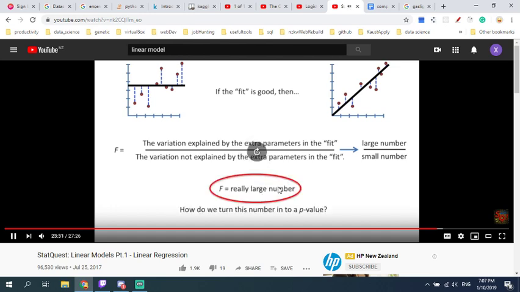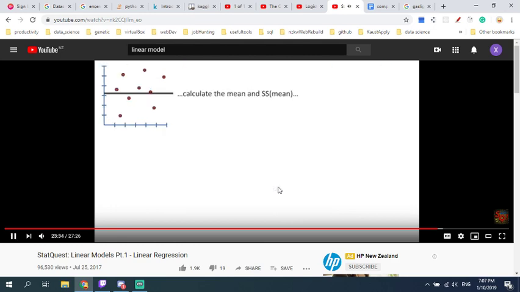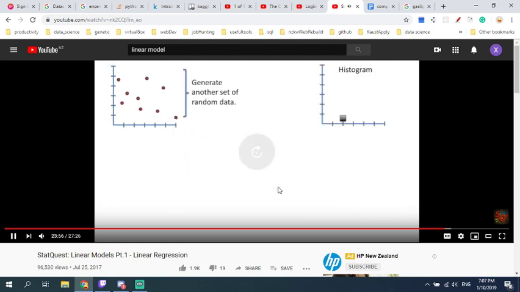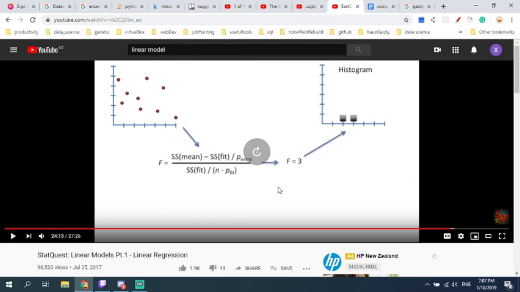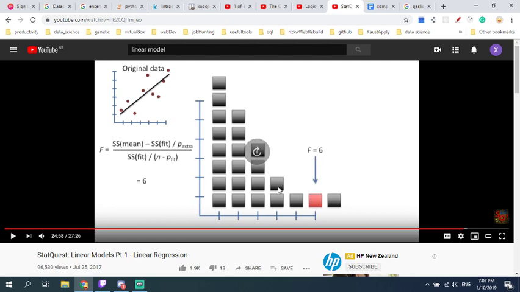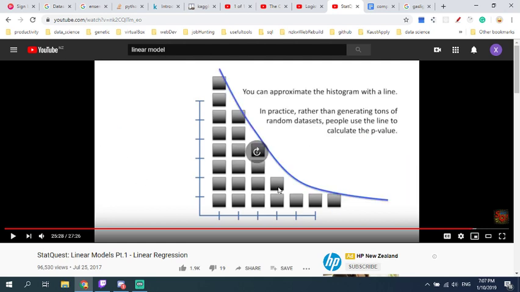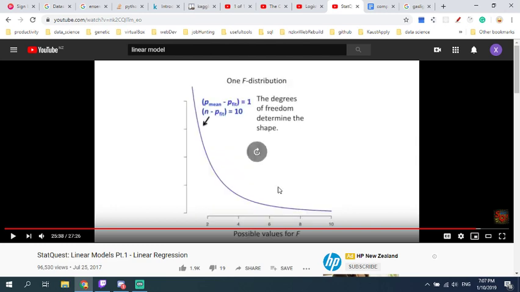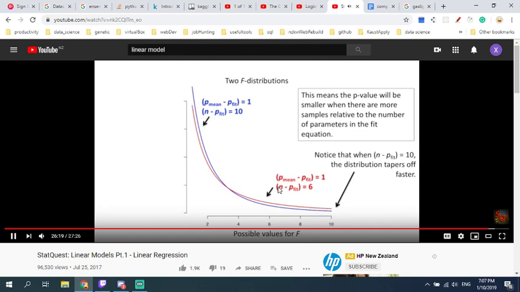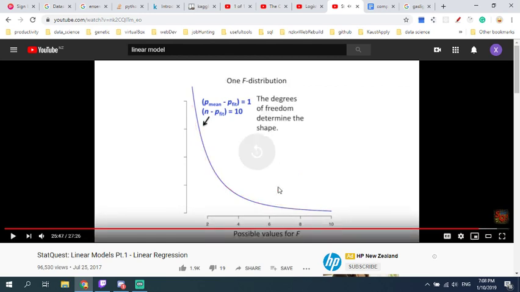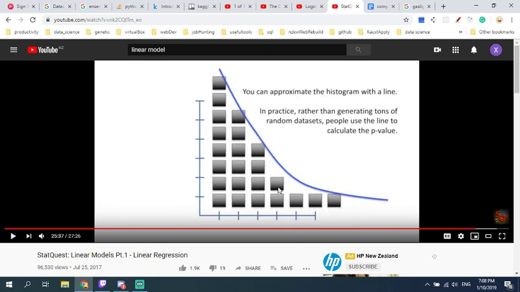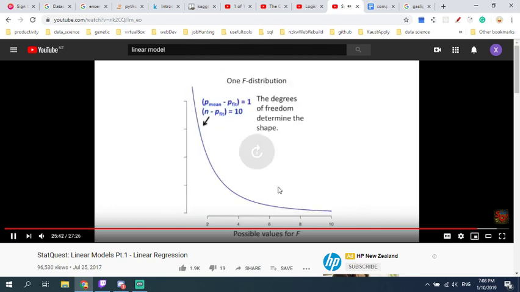How to generate a p-value: calculate by creating another set of random data, relative to the number of parameters in the fit equation.